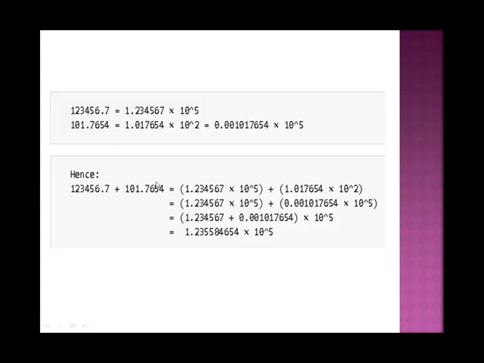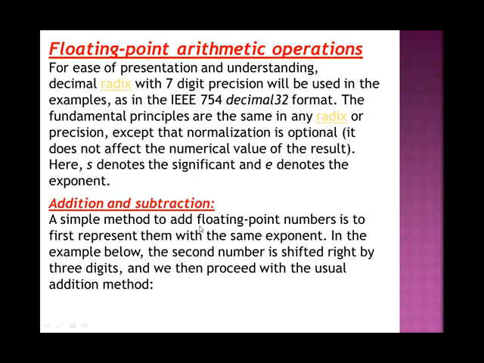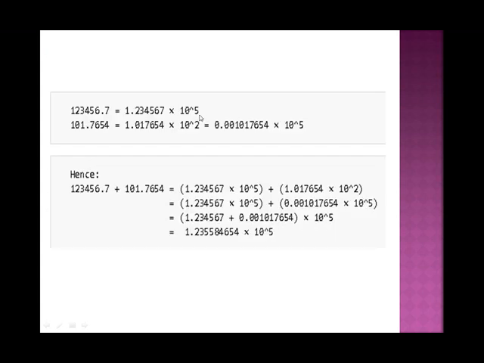A simple method to add floating point numbers is to first represent them with the same exponent. The main target is making the same exponent. If it is 10 power 5, we make this exponent 10 power 5 by shifting the bits to the right. Then, since the base and exponent are the same, we take the common 10 power 5 and add the two numbers.